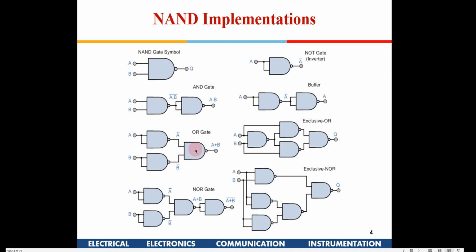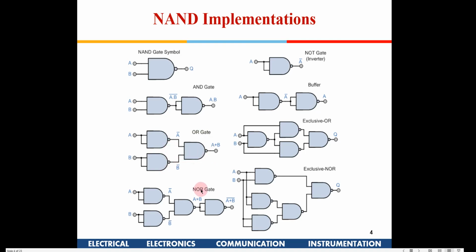Now this is an AND gate, and then you have a bubble out here, so that becomes NAND. Before the bubble, what you have is A bar and B bar, and since it's a bubble, you will use De Morgan's theorem. So A bar, B bar, the whole bar, you will get A plus B, right? A or B. So this is the way you can implement an OR gate using only NAND gates.